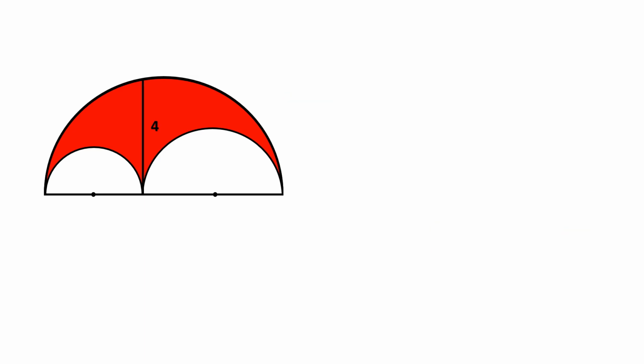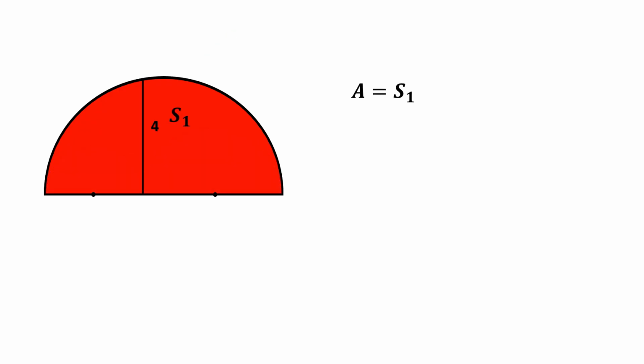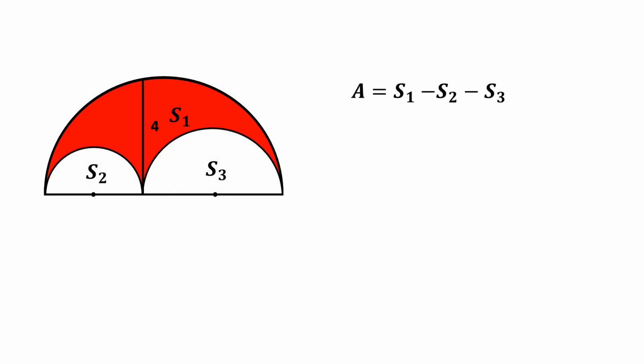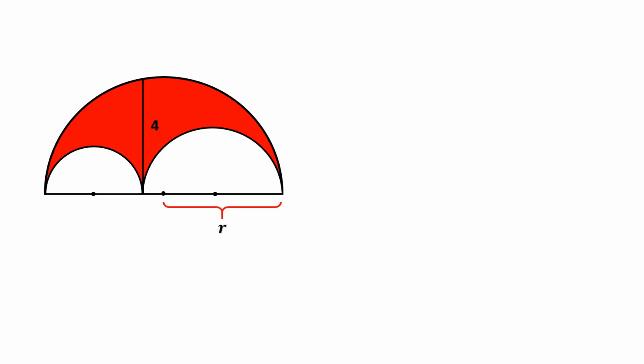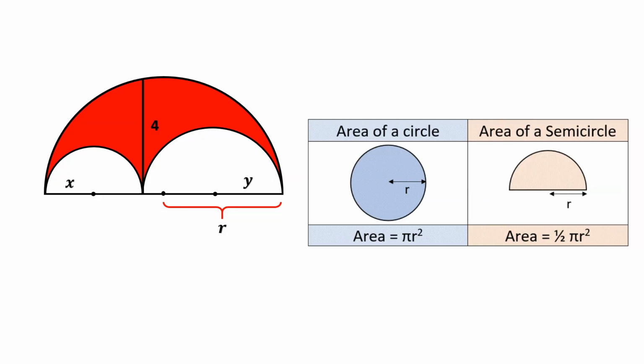First, let's rewrite the problem in terms of areas. The red region is exactly what you get when you take the large semicircle and subtract the 2 smaller semicircles inside it. Let the radius of the large semicircle be r, and the radii of the 2 smaller semicircles be x and y. The area of a semicircle is pi times the square of the radius divided by 2.